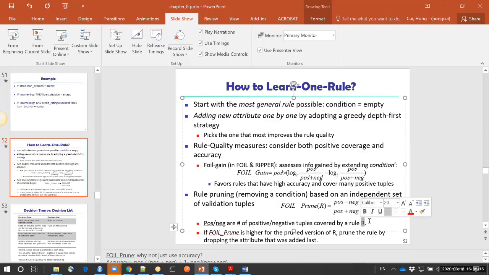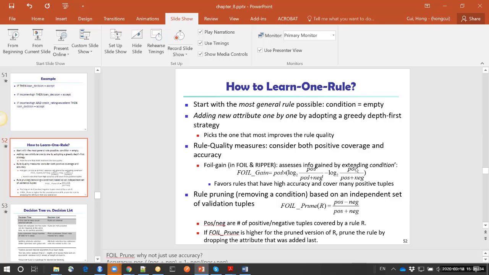So then I think Sabah was wondering, is that the same as precision? Precision is, among everything the rule covered, how many are really positive.